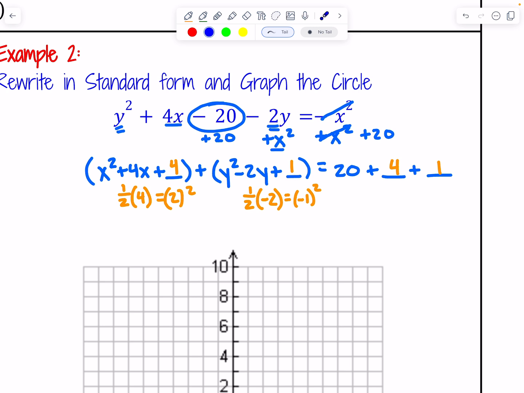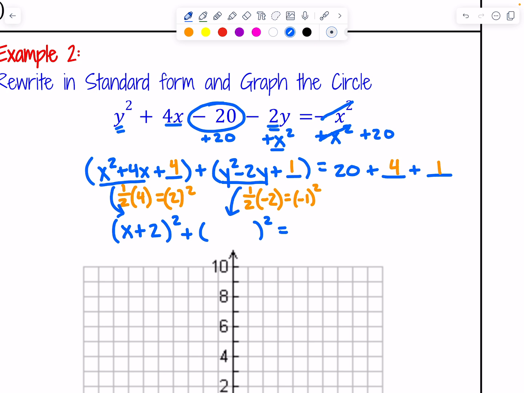Okay, so we're all ready now to write it in standard form in our next step. So let's put some binomial squared, because that's what we're going to need to write. We see that we have x squared plus 4x, so take half of that number, so x plus 2. And then y squared minus 2y, so that's going to be y minus 1 squared.